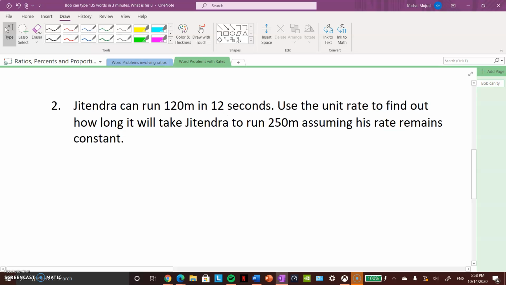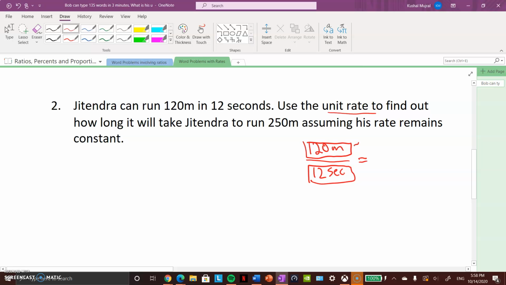Now let's take a look at this question. So Jitendra can run 120 meters in 12 seconds. So the unit rate would be 120 meters divided by 12 seconds. Now remember how I said time would be at the bottom? So you're going to put seconds at the bottom and meters at the top. Okay?